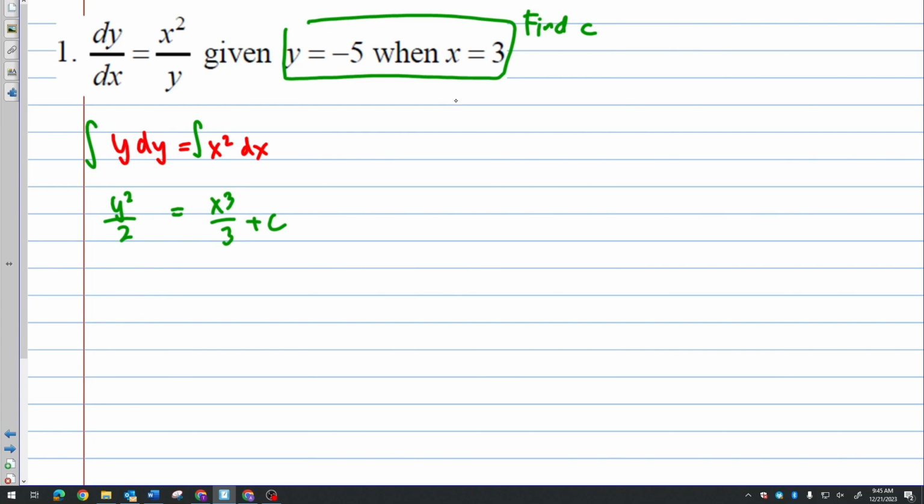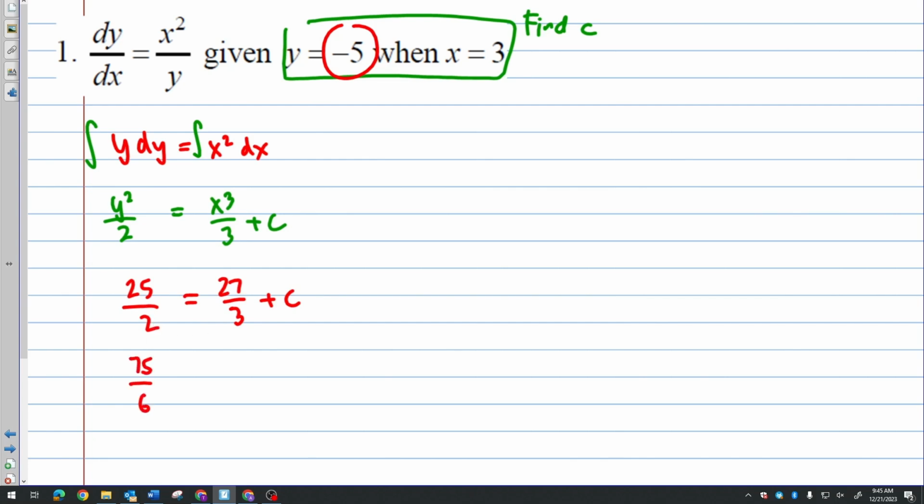All right, so let's go ahead and plug in. Everywhere there's a y, let me put in -5. So that's going to be -5 times -5, which is positive 25, equals 3 raised to the third power, which is 27 over 3 plus c. Okay, solve for c here. Let me get a common denominator.